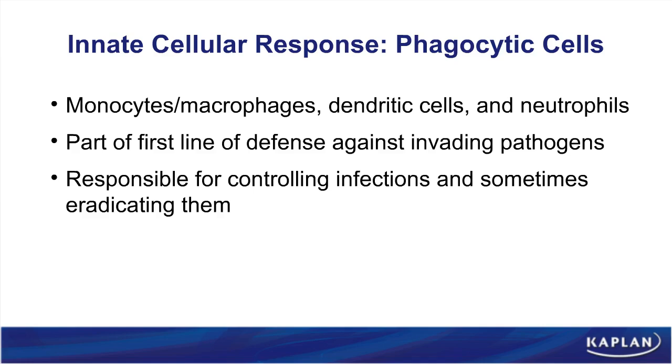So this is really part, not whole, but only part of the innate immune response. And Dr. Moscatello is going to talk to you about the second aspect of this, which is going to be the activation of complement.